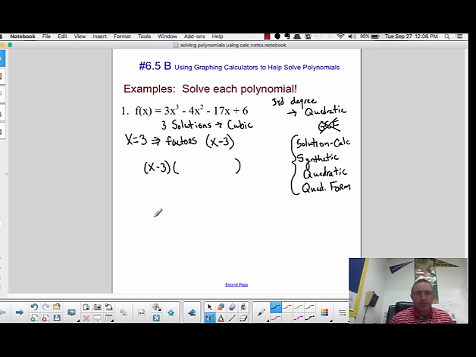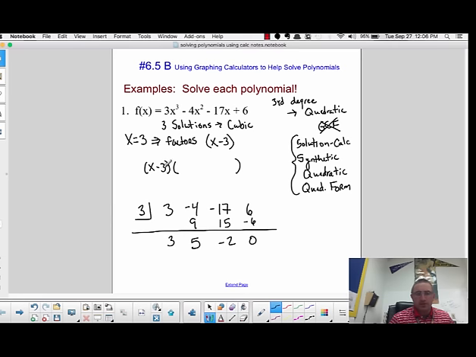I take this x minus 3, and I take the opposite of the factor, 3, and pull down my coefficients: 3, -4, -17, and 6. Then I do synthetic division. I add, multiply, 3 times 3 is 9, add, 15, add these together, -2, multiply, and of course I should get 0.